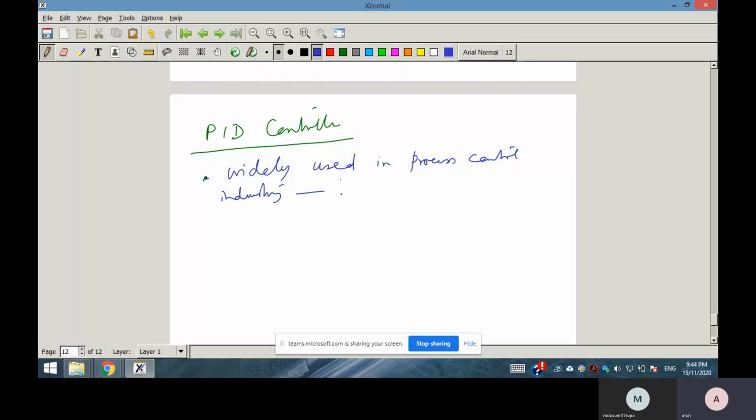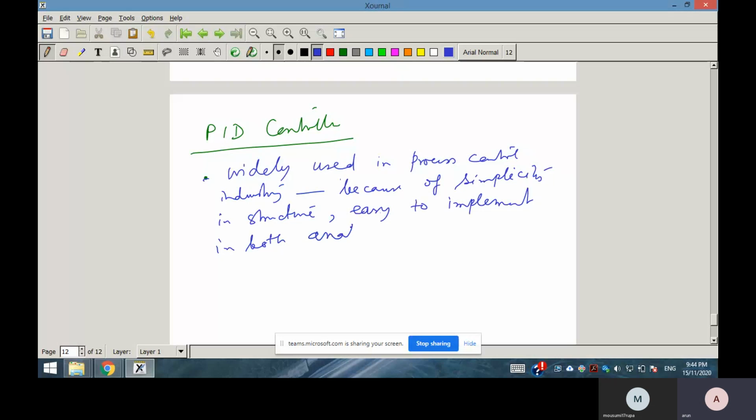Why widely used in industry? Because of simplicity in structure, and it is easy to implement in both analog and digital fashion.